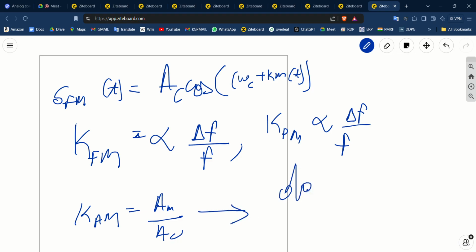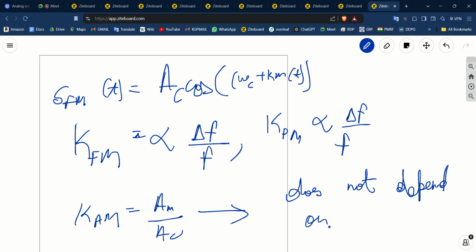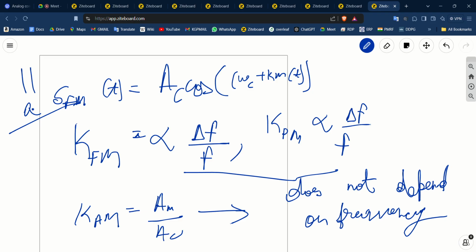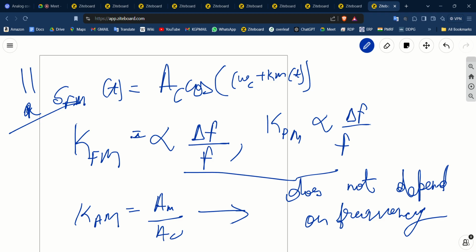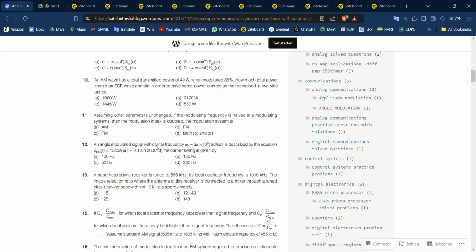So this does not depend on frequency. So it will be either phase modulation or frequency modulation. 11 will be A. Not A, sorry. 11 will be D. 11 is option D.